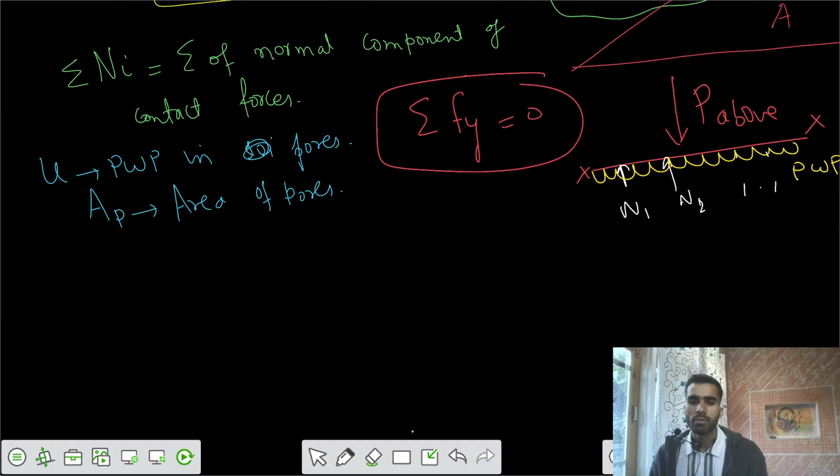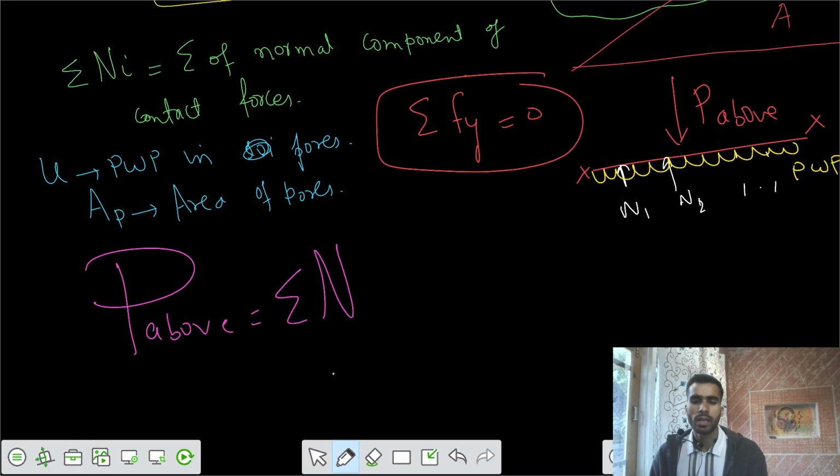So we can write the final equation: the total force above is equal to the summation of all the normal components of those contact forces, summation of all Ni, plus the pore water pressure acting over the area of the pores.